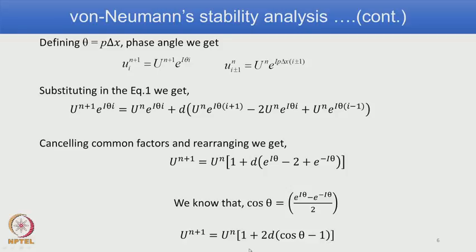What you observe is U at n plus 1 is related to U of n times some quantity, and this is actually the error quantity, which will be used for doing the von Neumann stability analysis.